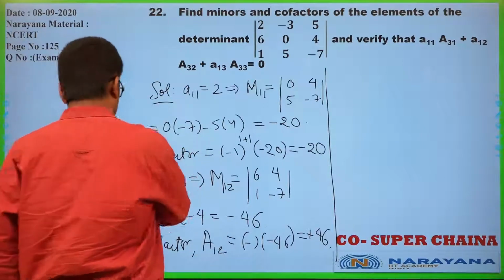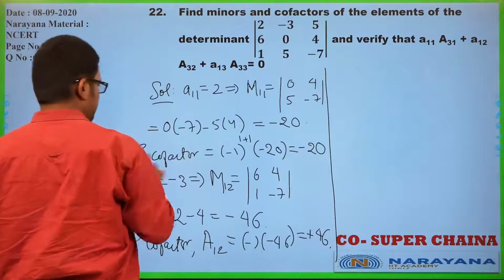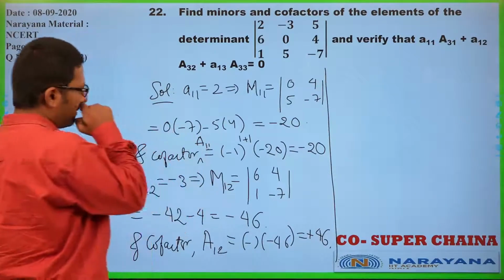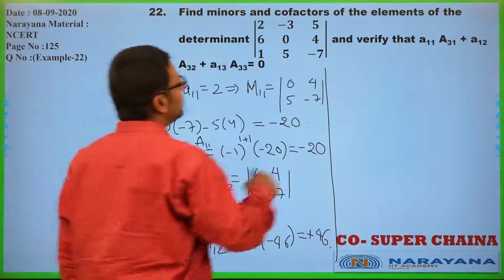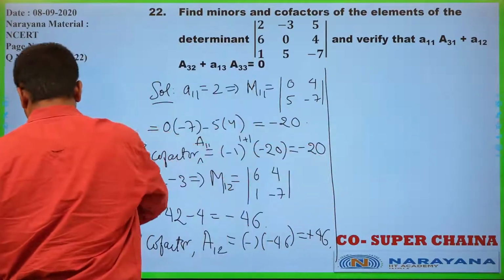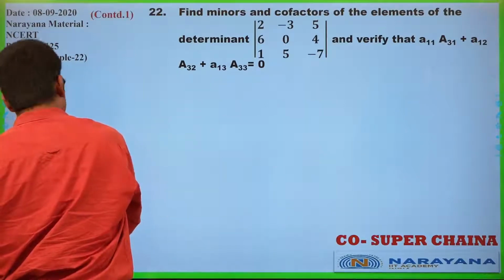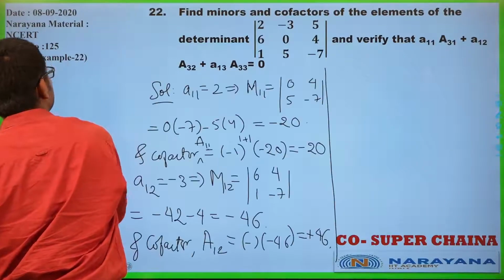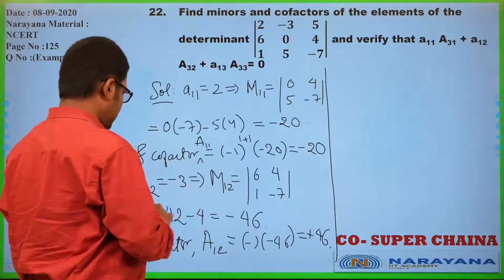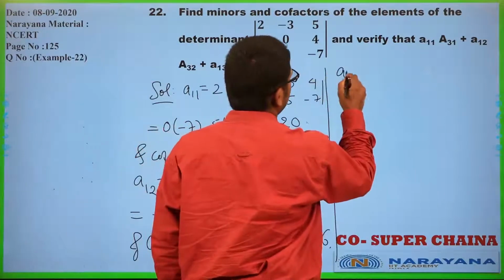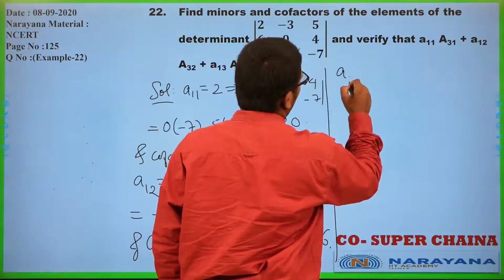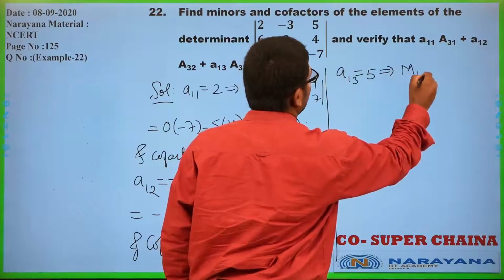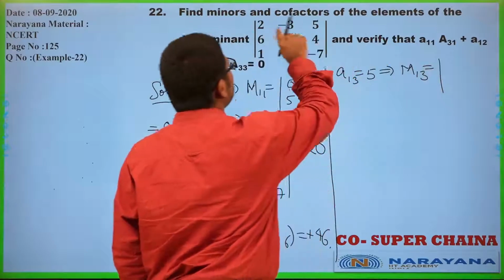Similarly here, let us write, which cofactor is this? It is capital A11. Alright, okay, A12 we have. So, cofactor we have figured out for A12. Then A13 is the element 5, which means capital M13 is the determinant, leave that row, that column.